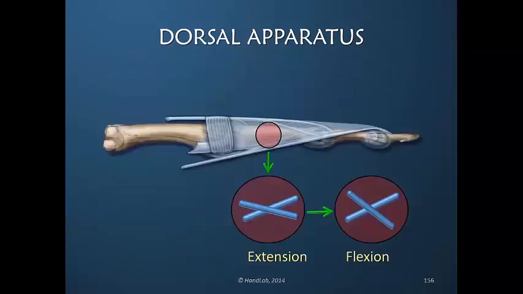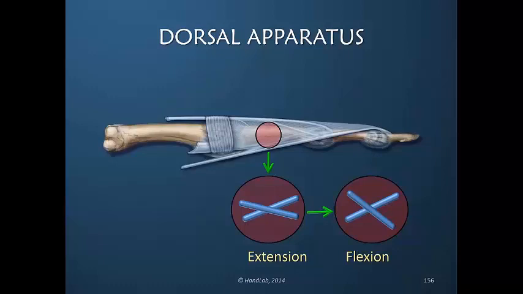The fibers in the dorsal apparatus are relatively parallel to one another when the finger is in extension, but finger flexion allows one group of those fibers to move into a greater angle, and that's what allows this non-elastic dorsal apparatus to move and provide the ability for the finger to flex without undue tension.